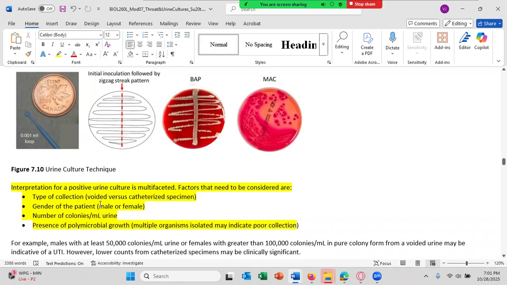Males have much less contamination than females. I'm not sure why that's the case, but that is commonly seen. And then the number of colonies per mil of urine is something to consider, and the presence of polymicrobial growth. If there's multiple organisms isolated, it may indicate poor collection technique and a lot of contamination from the urethra.